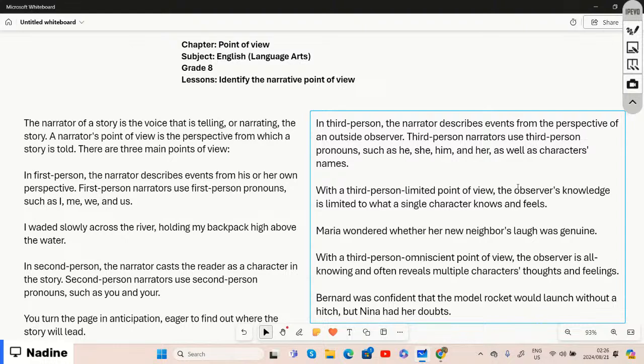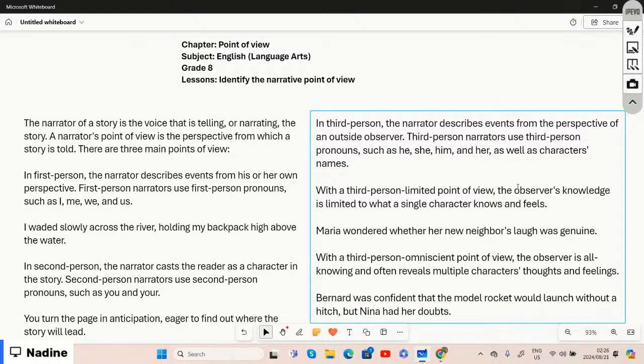If we look at an example of a third person, let me say that Maria wondered whether her neighbor's laugh was genuine. Sometimes that is almost just re-describing or repeating whatever is already written within the story.